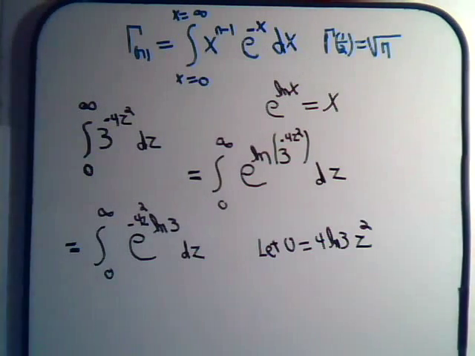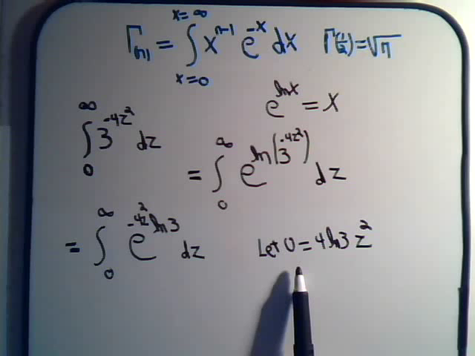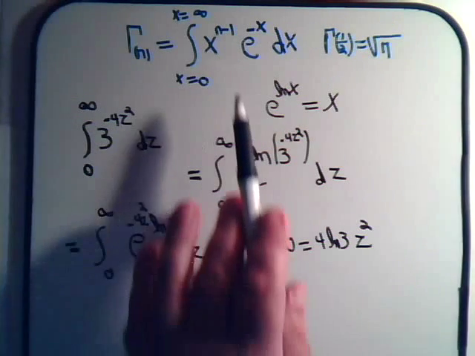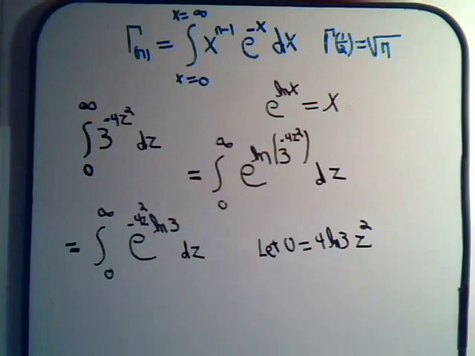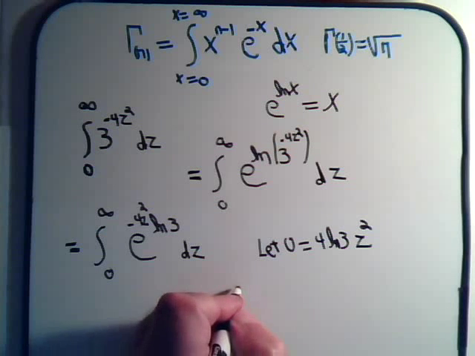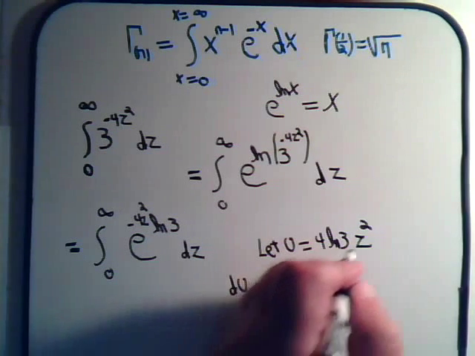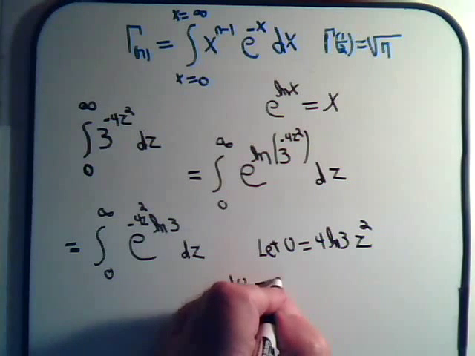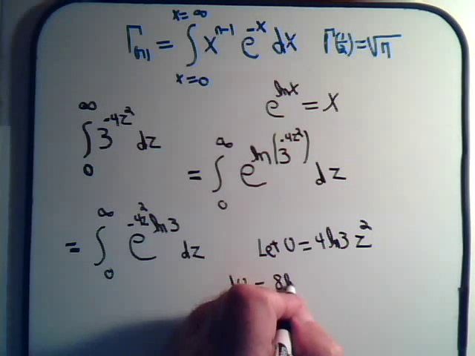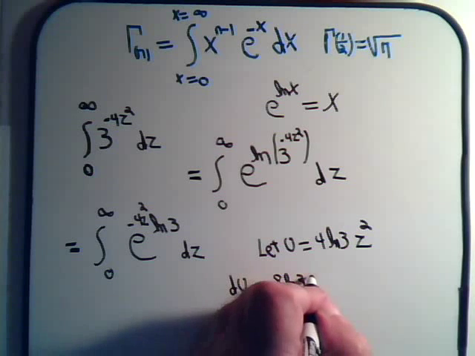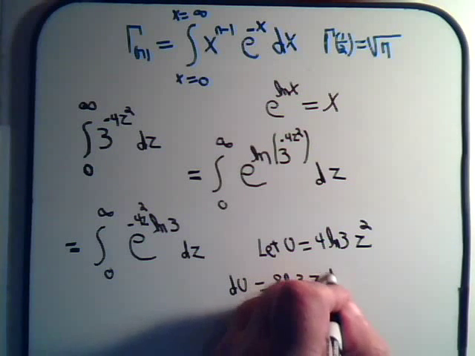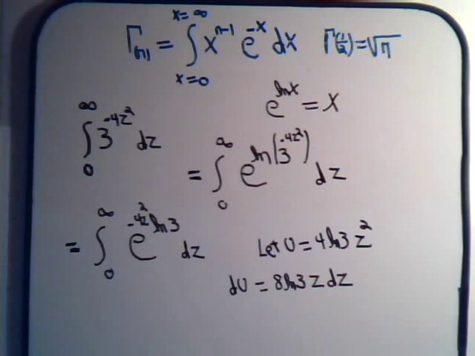Well, if we go ahead and work with our substitution, as in the previous examples, maybe the other parts of the integral will fall into place. So let's see, if we have this du, that will equal 8 times the natural log of 3 times z dz.